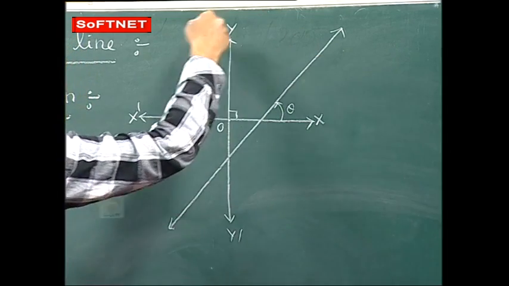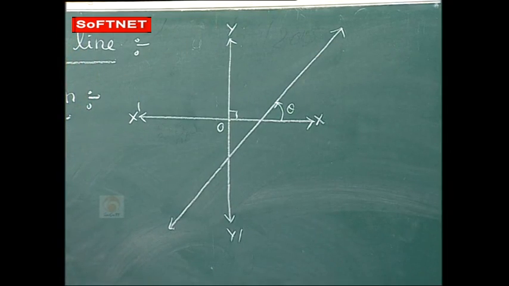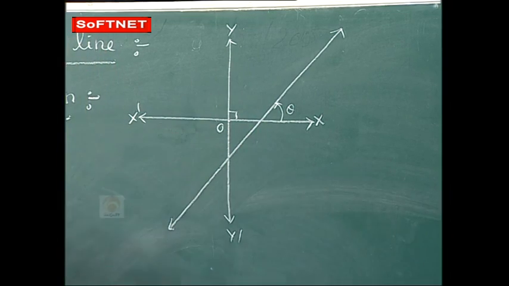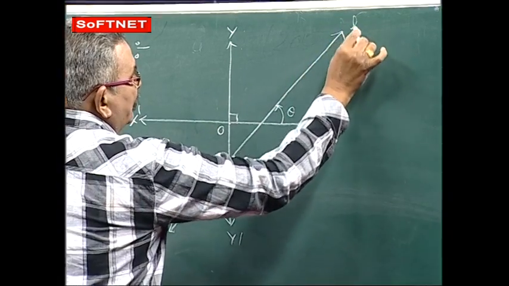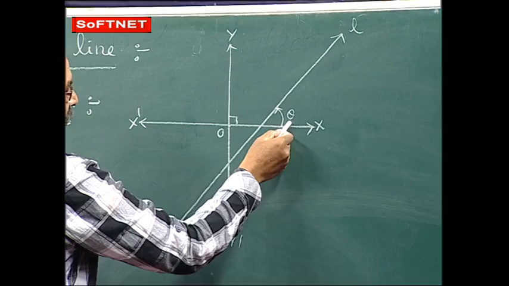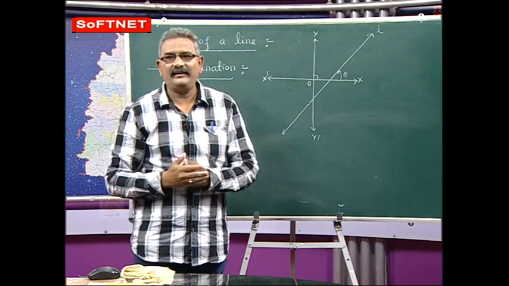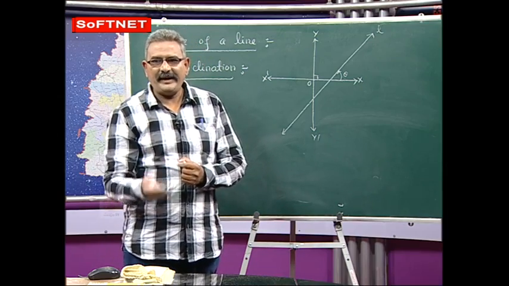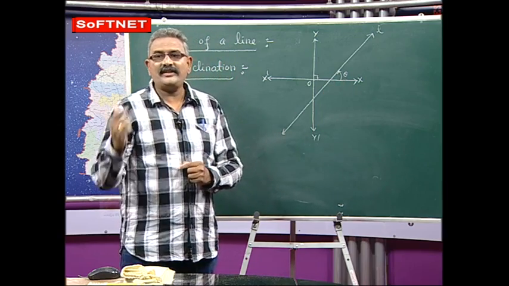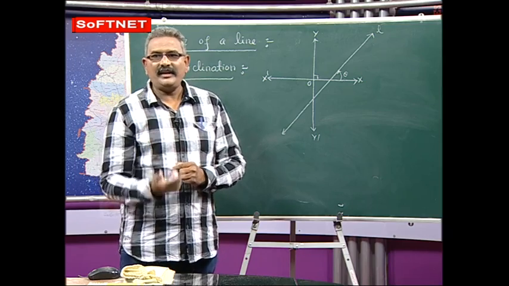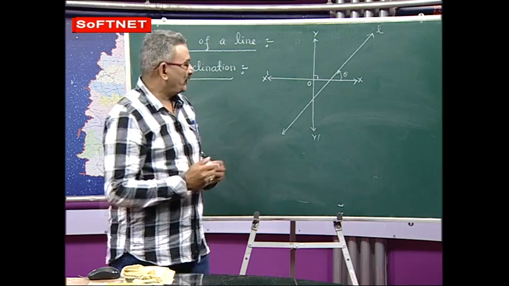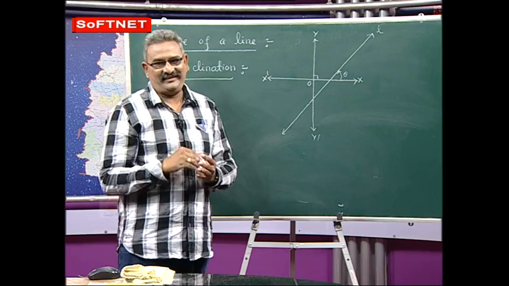This is known as anti-clockwise direction. See, this theta is known as inclination of the line. So suppose you say this line is L. What is the inclination of line L? That is theta. So now how do we define? The angle made by the line with x-axis in anti-clockwise direction is called inclination of a line and denoted by theta. So that is the inclination of the line.